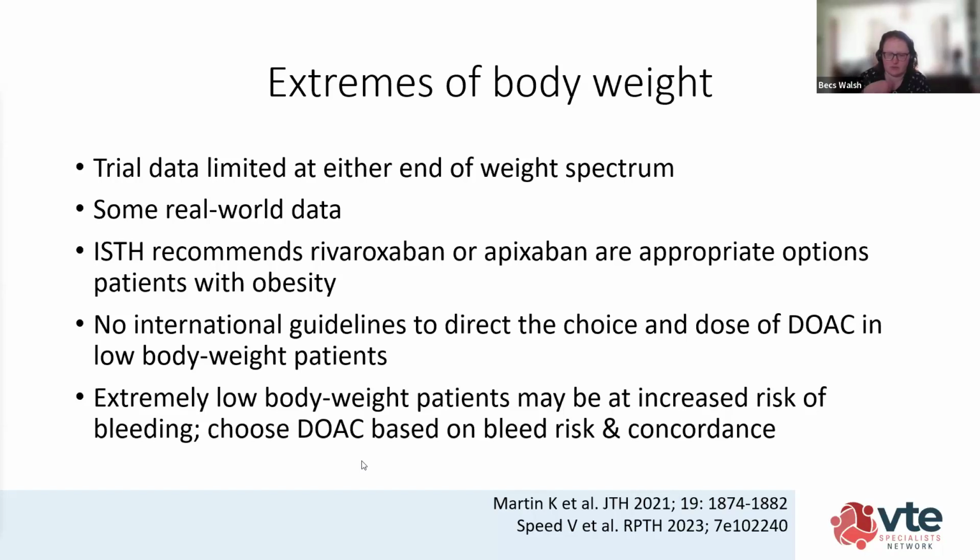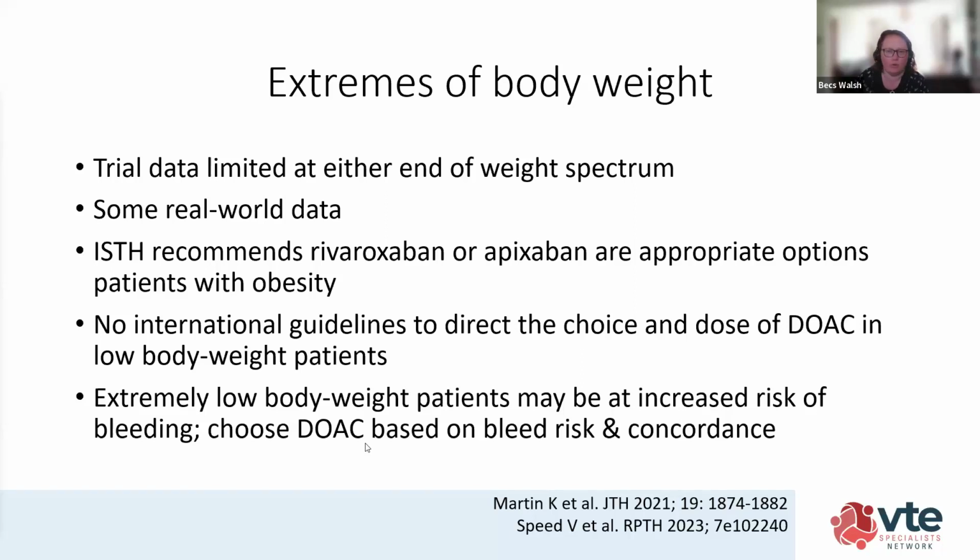Again, Tristan just presented some really interesting information about their practice and what they found locally. They have some concerns about patients who are over 160, 170 kilograms, according to their local practice. Ask him about that in the roundtable discussion if you weren't able to attend his talk. And similarly, very little phase 3 or real world data in patients who weigh less than 50 kilograms.